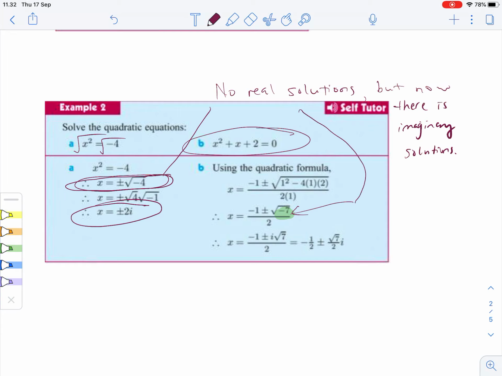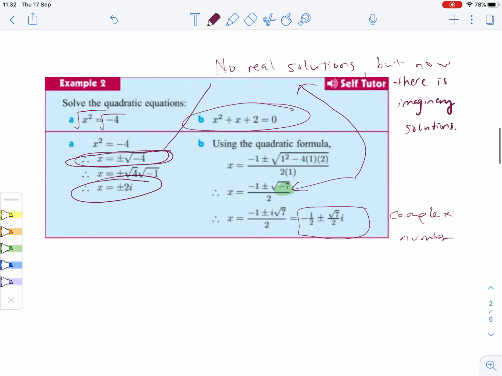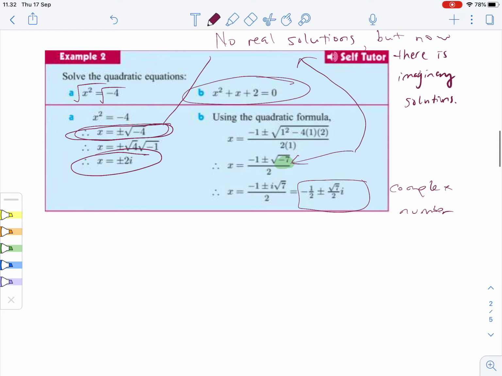But now what we're saying is, the solution does exist. The final solution is a complex number. And that's all we'll intro with for complex numbers.